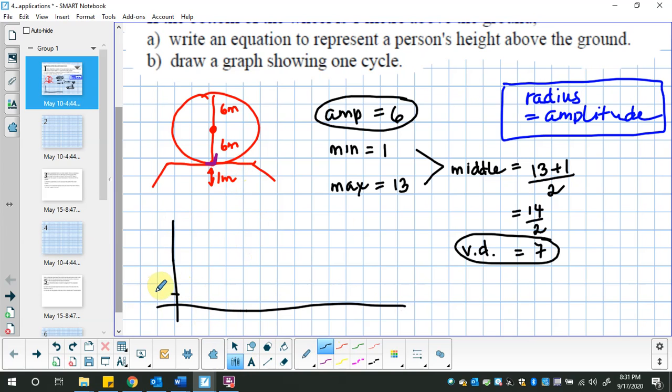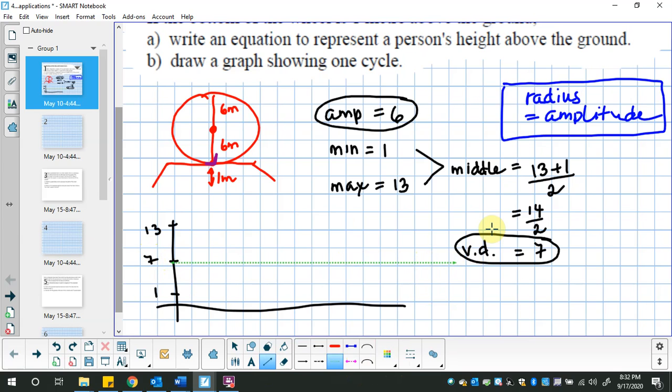We figured out that the minimum is 1 and the maximum is 13 and the middle is 7. So even though it's a doodle, I have this handy dandy line maker, so I can do this. And it's really quite nice that that's beside the vertical displacement.